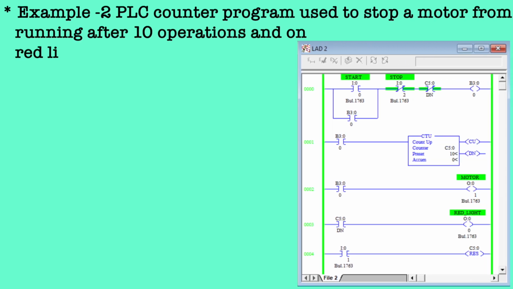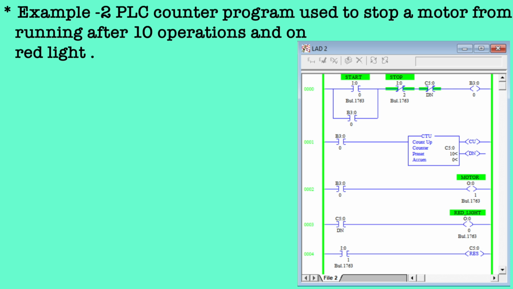To understand this counter operation, let's take another example. In this example, a PLC counter program is used to stop a motor from running after 10 operations and turn on a red pilot light. Let's look at the program.